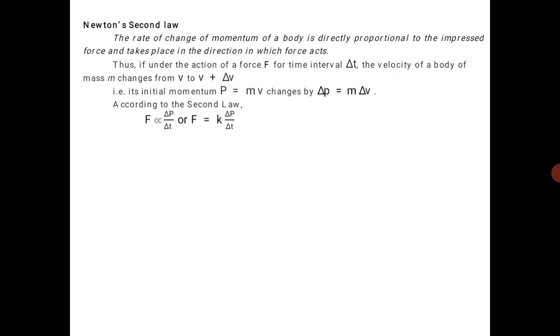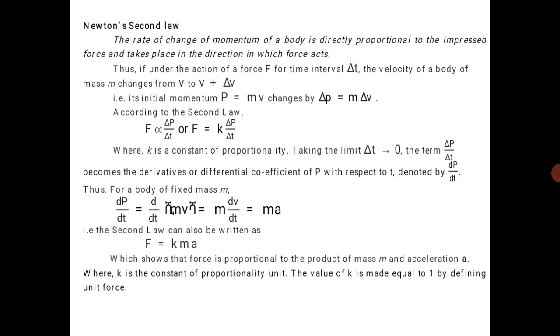Let us discuss the momentum changing just by changing the velocity. Okay, so it means mass is constant in this case, and we can discuss the rate of change of momentum. See, dp by dt means d by dt of mv. M is constant, so only the velocity is changing.